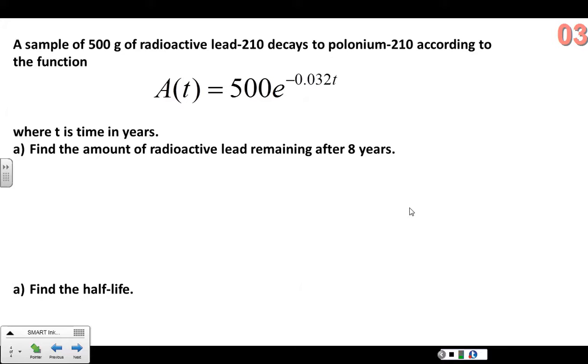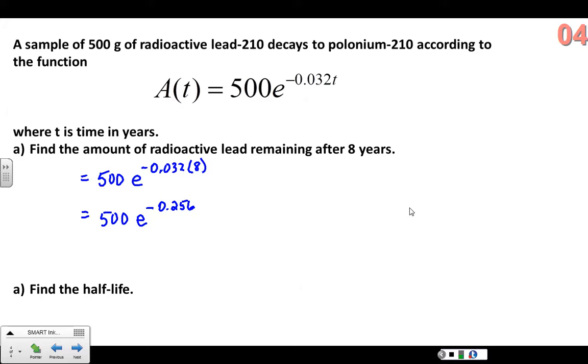So all I have to do on this problem is plug in the 8. Well, let's see here. The amount would be equal to 500 e to the negative 0.032 times 8. So negative 0.032 times 8 is negative 0.256.